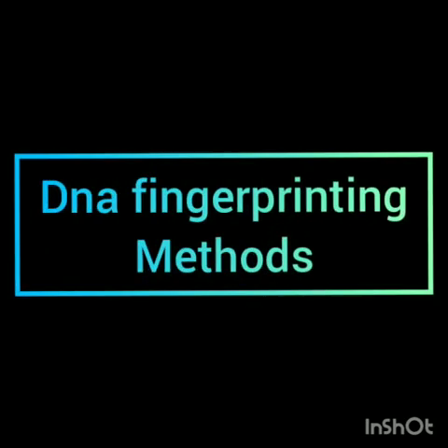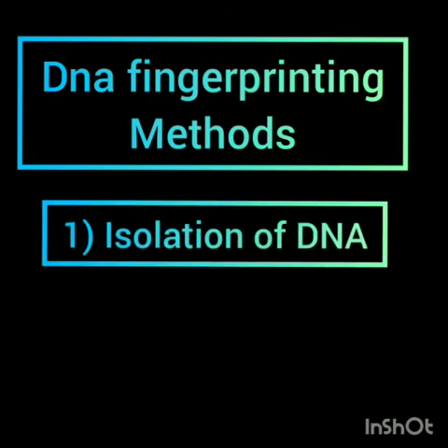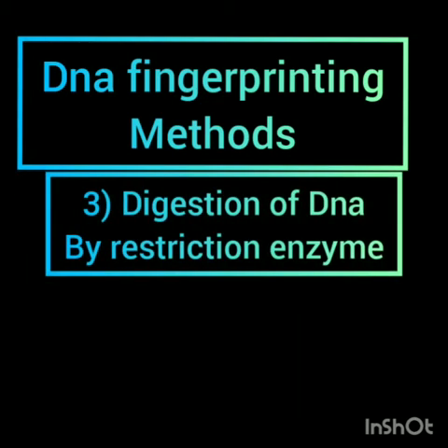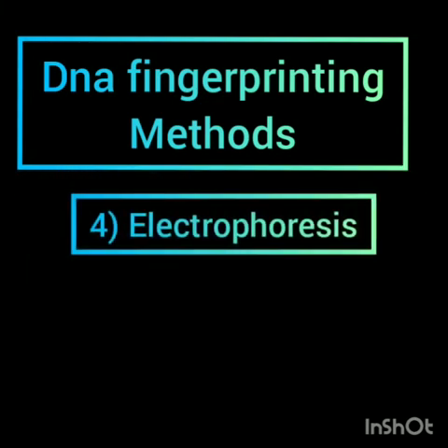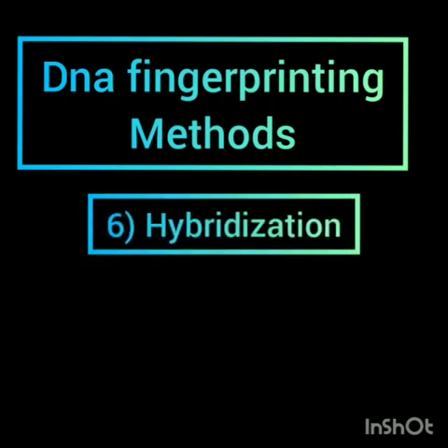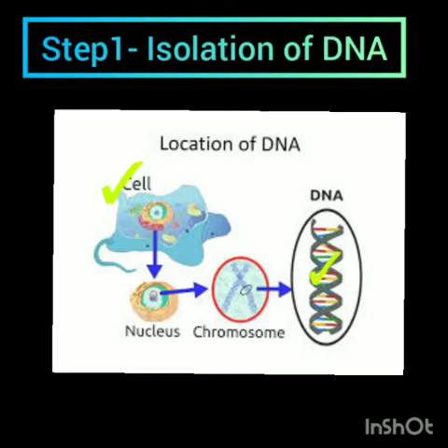The various methods used in DNA fingerprinting to find the VNTR sequences include isolation of DNA, centrifugation, digestion of DNA using restriction enzyme, electrophoresis, Southern blotting, hybridization, and autoradiography.